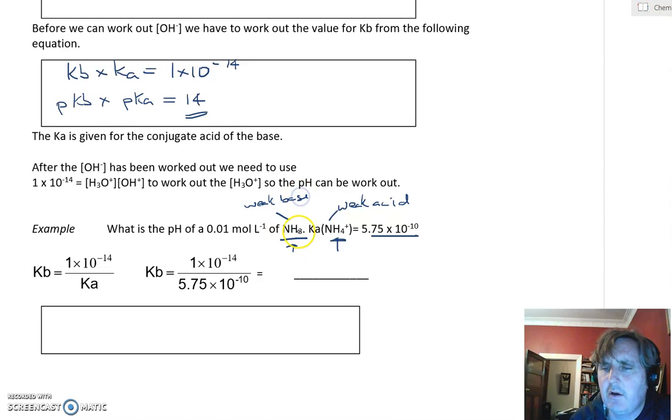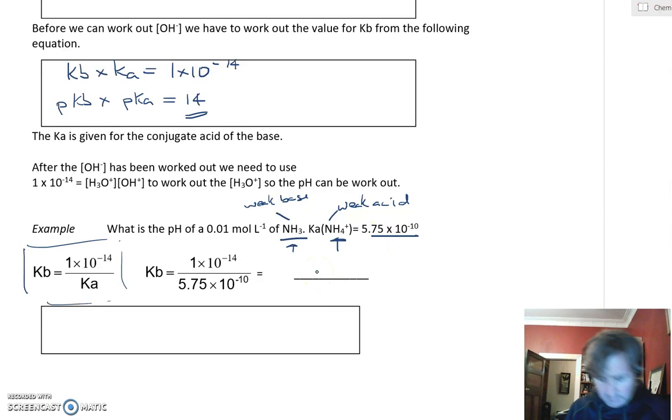Because they want to find out the pH of a weak base, we know we're going to have to do a weak base expression, and we can't use the Ka value, so we've got to turn it into a Kb. How do we turn a Ka value into Kb? We rearrange this expression and divide 1 times 10 to the negative 14 by 5.75 times 10 to the negative 10, which is the Ka.